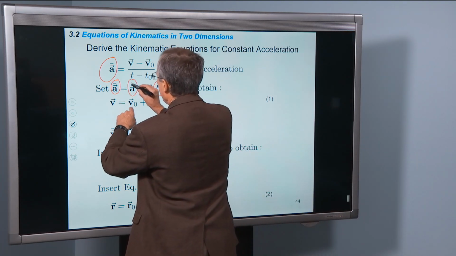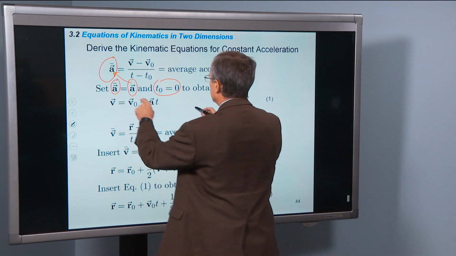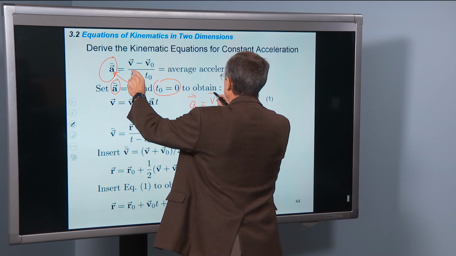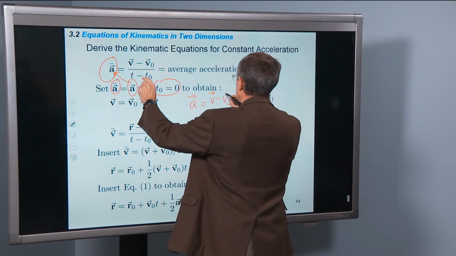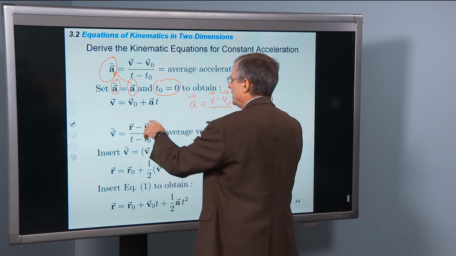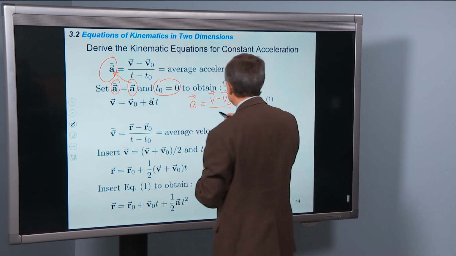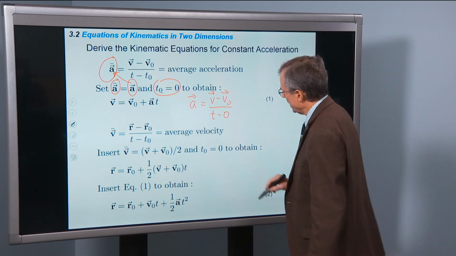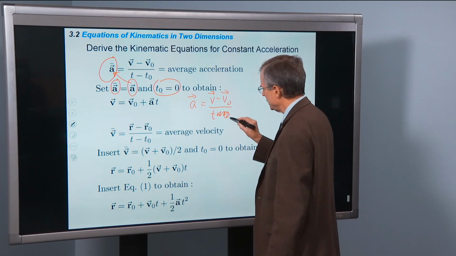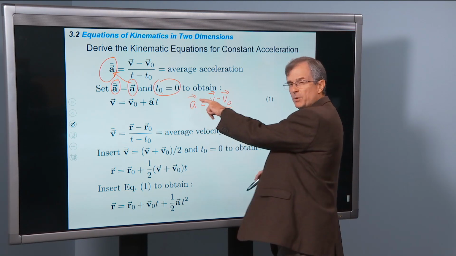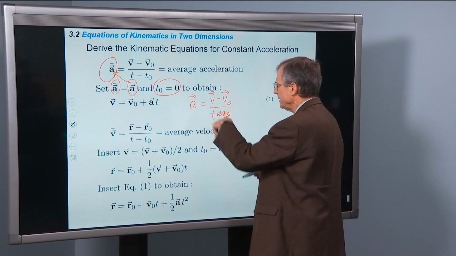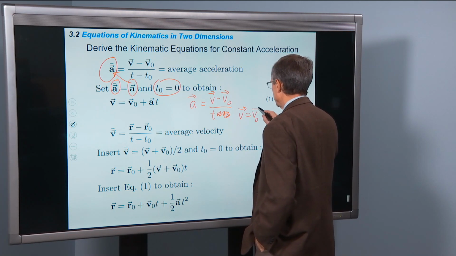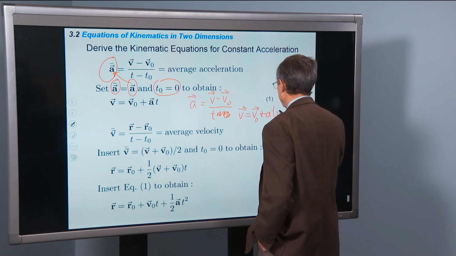So I'm going to plug A into here, and we have V minus V naught over T, but we're going to set T naught equal to 0. So now, subtracting 0 just leaves a T here. I can multiply both sides by T, add V naught to both sides, and get V as V naught plus AT.